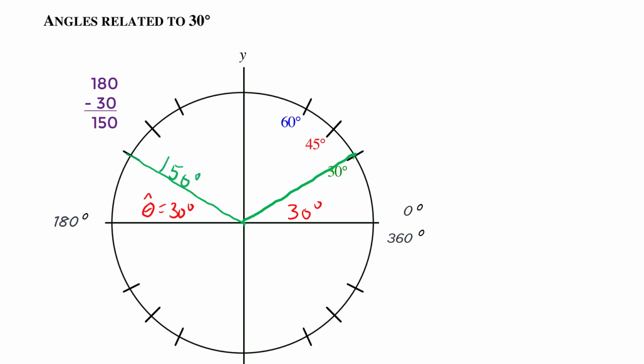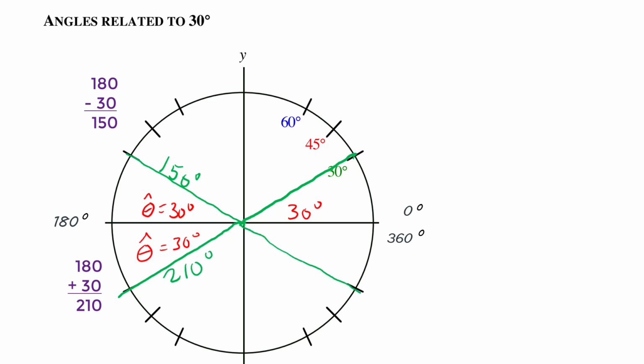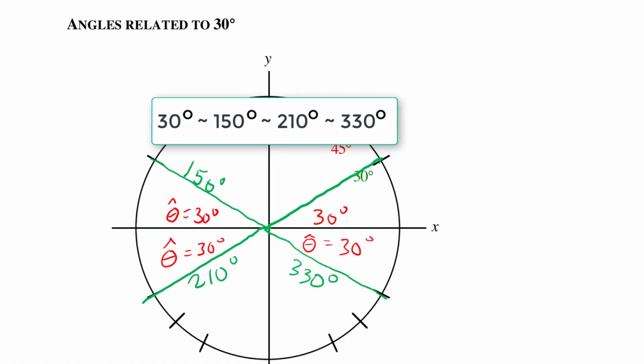In quadrant 3, theta hat, again, is 30 degrees, but it's 30 degrees more than 180, so 180 plus 30 is 210. And in quadrant 4, 30 degrees less than 360, almost a full circle, but not quite. 360 minus 30 is 330 degrees. So these angle measures are all related to each other: 30, 150, 210, and 330.